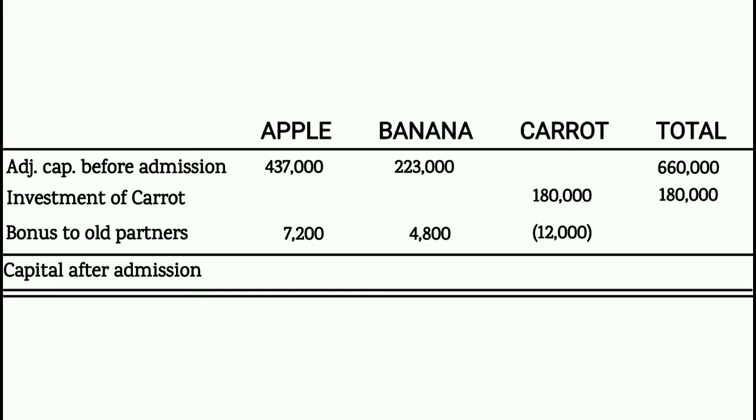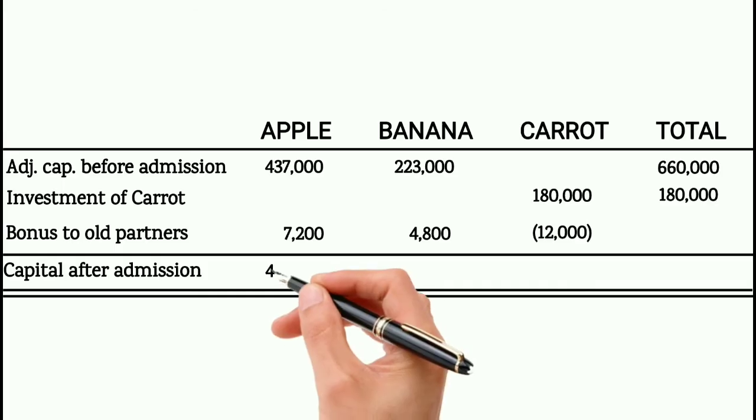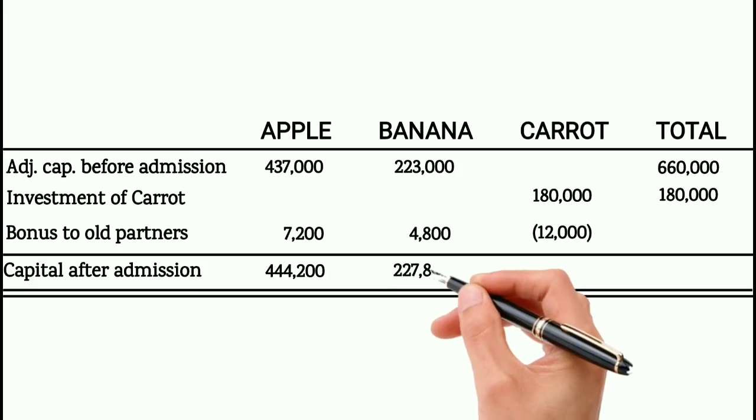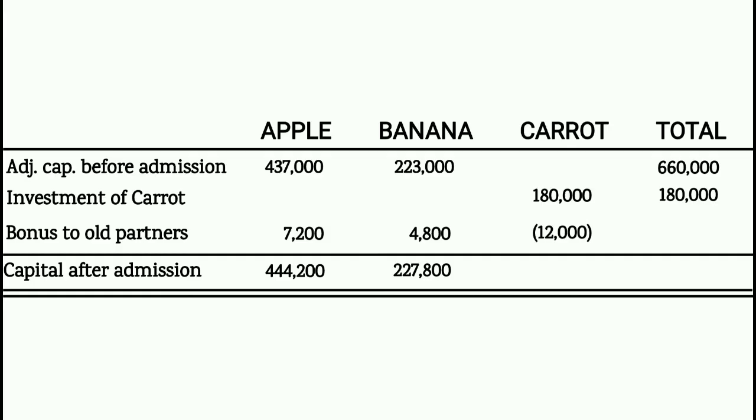For Apple, 437,000 pesos plus 7,200 pesos, that is equal to 444,200 pesos. For Banana, 223,000 pesos plus 4,800 pesos, that is equal to 227,800 pesos.